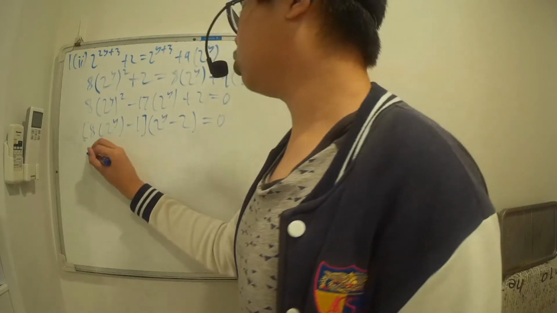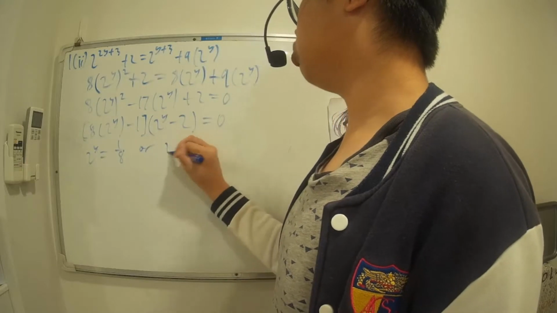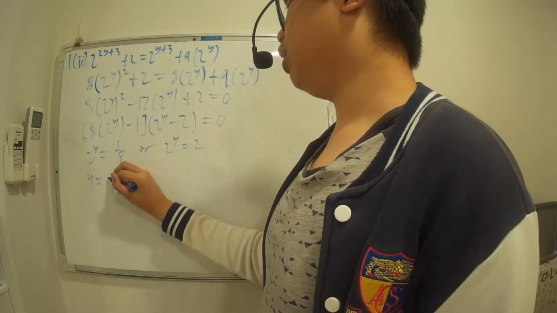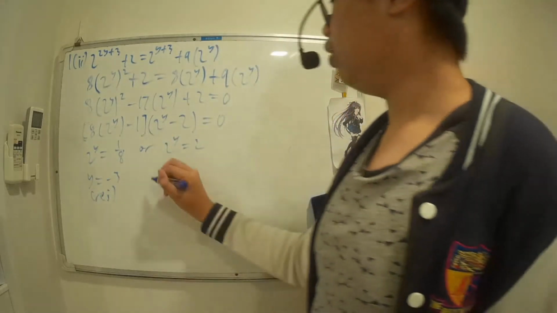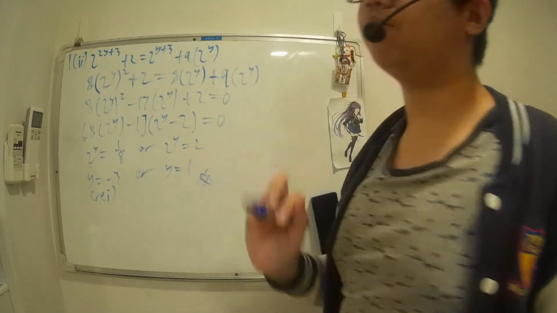So 2 to the power of y equals 1 over 8 or 2 to the power of y equals 2. Then y equals negative 3, which is rejected. This is what we already know, we don't want this. Or y equals 1. This is the answer we accept.